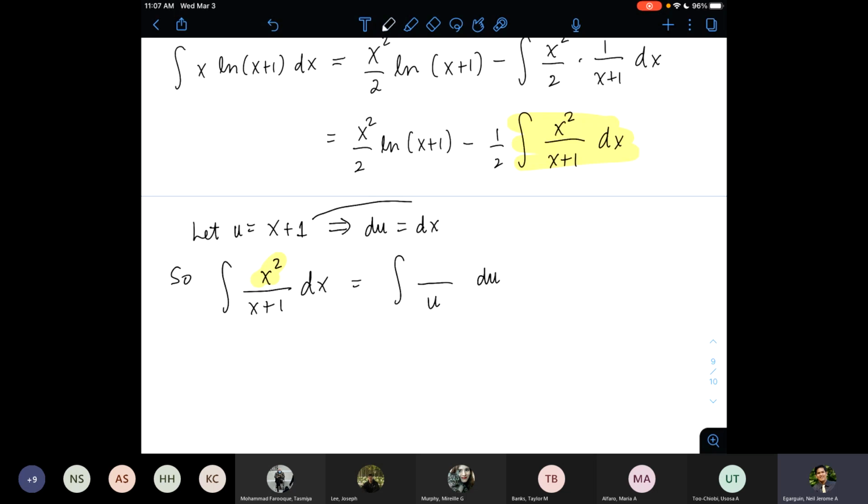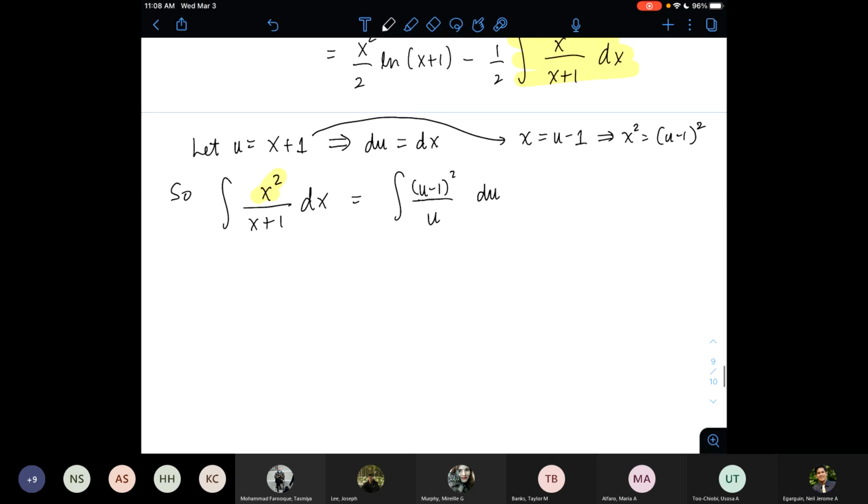But if we go back to our substitution statement here, we can see that x is actually equal to u minus 1, making x squared equal to u minus 1 quantity squared, right? So that means the last piece of the puzzle here is to find the right substitution for x squared, and it turns out that that is u minus 1 quantity squared, okay?